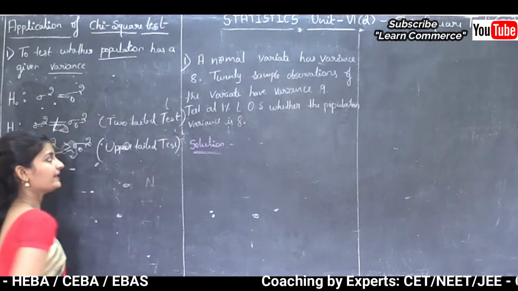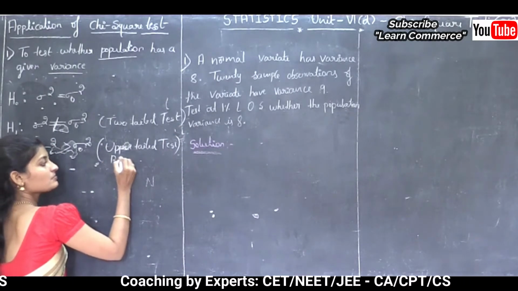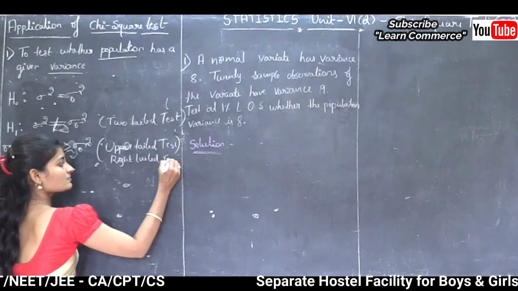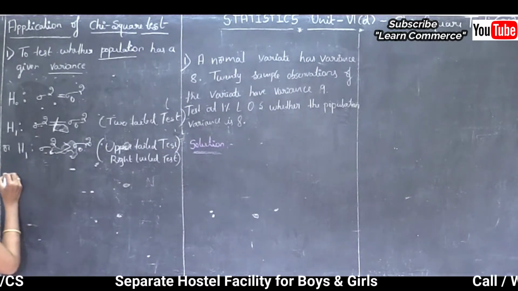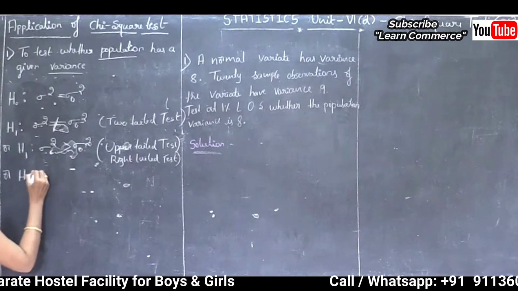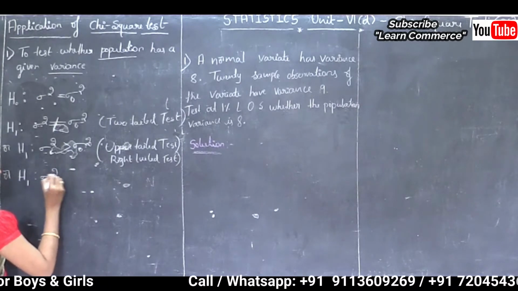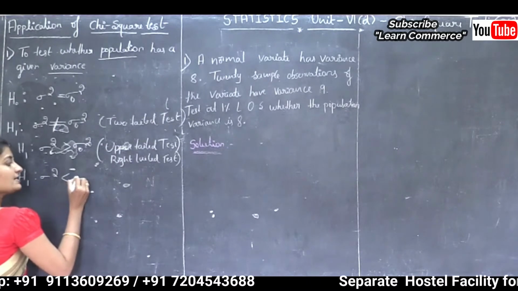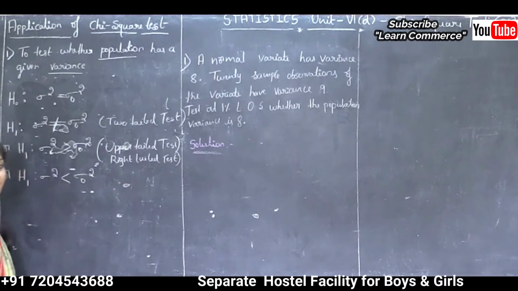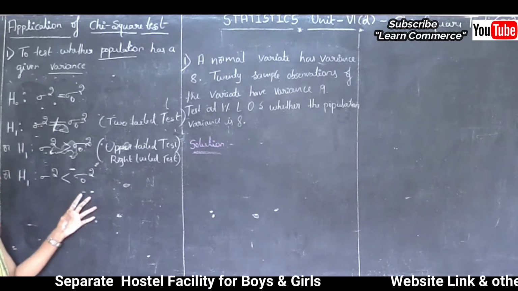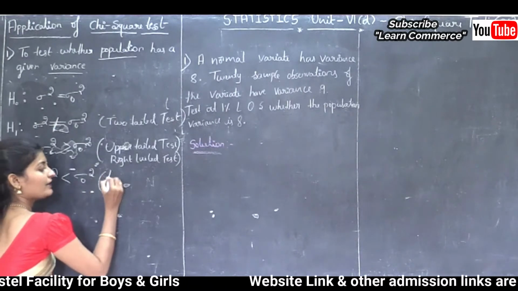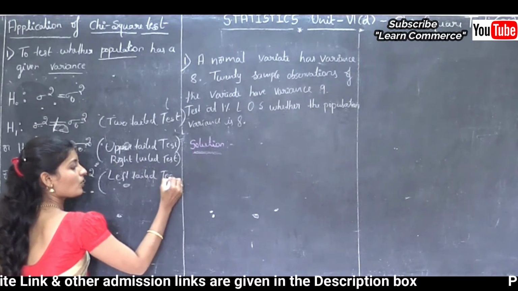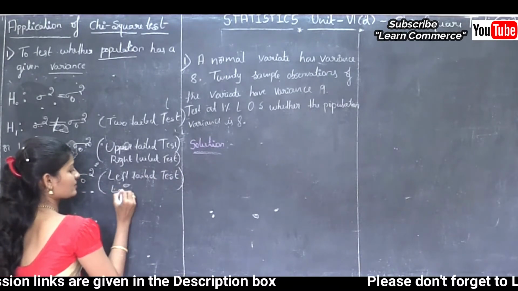And the next possible rejection is H1: population variance less than sigma naught square, population variance less than the given value for calculation. This is a left tail test, or we can say a lower tail test.